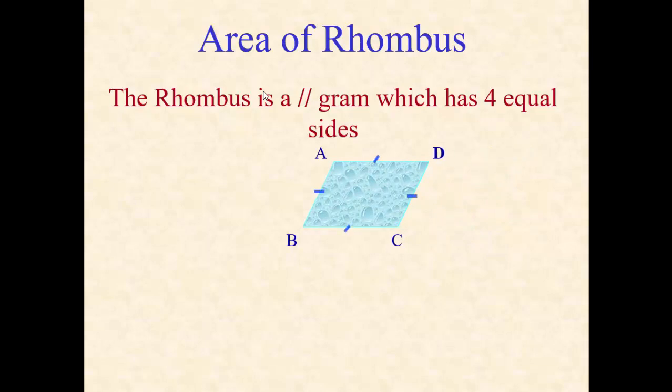Since the rhombus is a parallelogram, therefore its area also equals base times height. Okay, area of the rhombus equals base times height, equals BC times H. That's the first rule of area of rhombus.